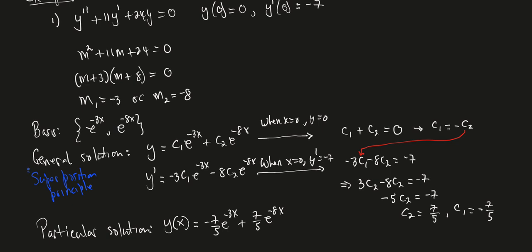So once I have these two linearly independent functions that satisfy the differential equation, the superposition principle says I can take all possible linear combinations of these two functions and get all possible solutions to this differential equation. Very powerful, going from two to essentially infinitely many, right?